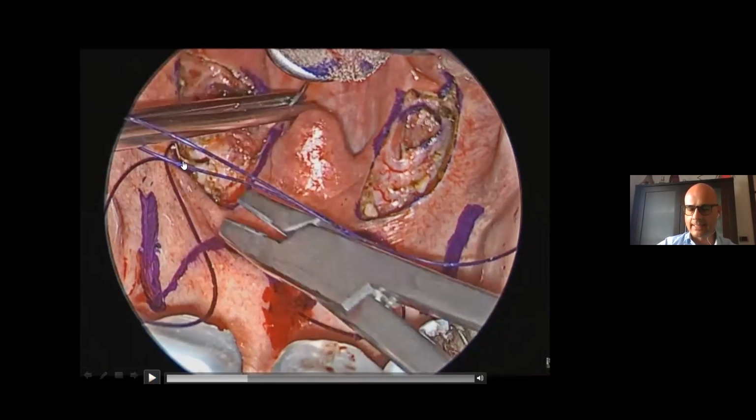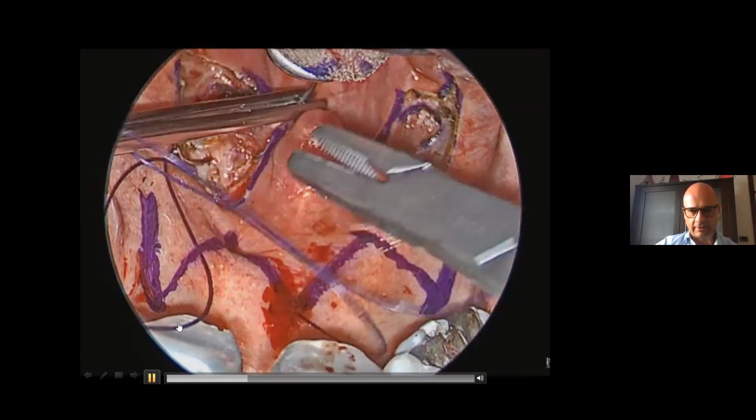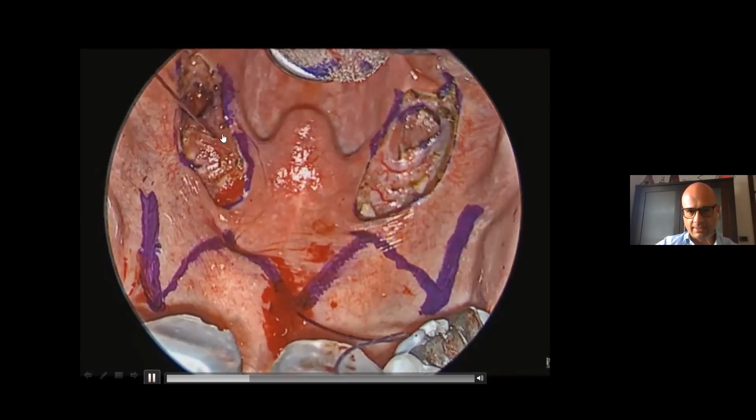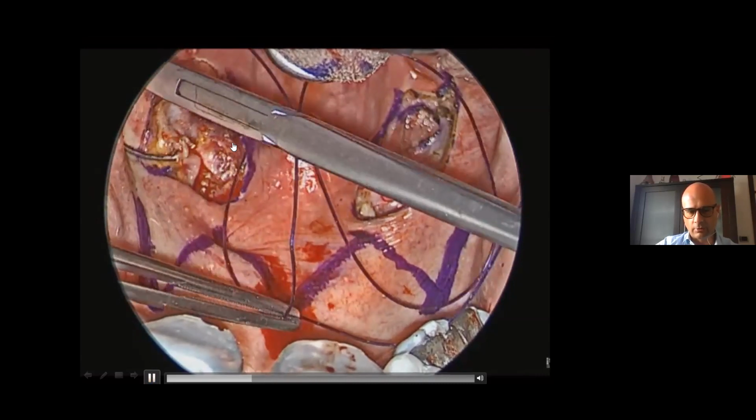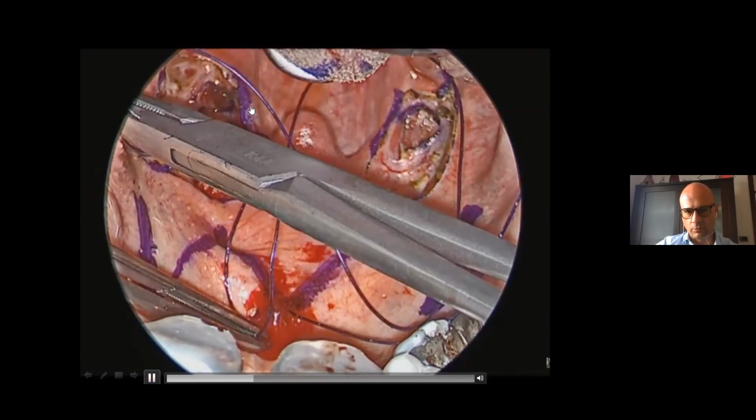Usually, I suggest you to perform this step by using the needle from lateral to medial, because you can have a more effective step, and you can move this muscle more lateral towards the raphe. So it's important, if possible, to stay always inside the muscle. Don't go out the mucosa.